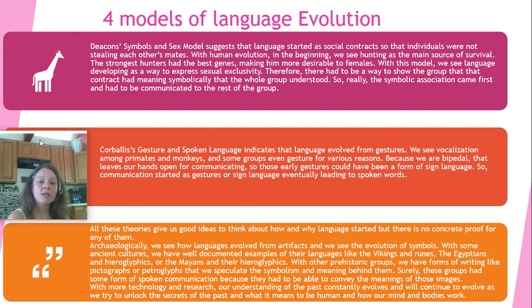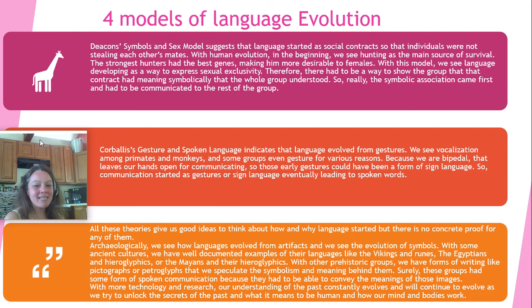All right, and then our last model of language evolution, we'll see some similarities here from these other models. So it's Corballis's gesture and spoken language. And it's basically just that we gestured first, so we made hand movements first, and then by watching vocalization in other animals, say like primates, monkeys, and birds, we started once again associating those gestures with spoken words.